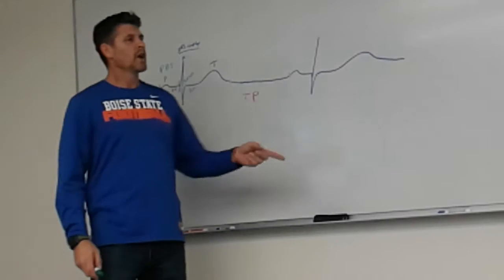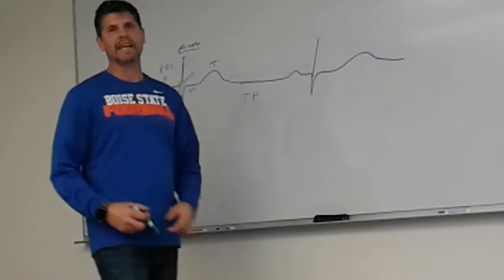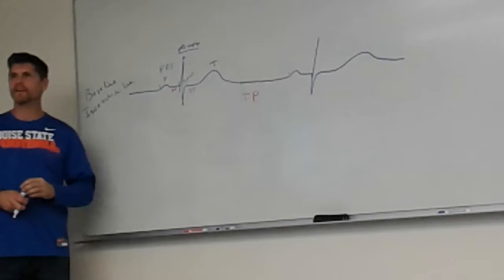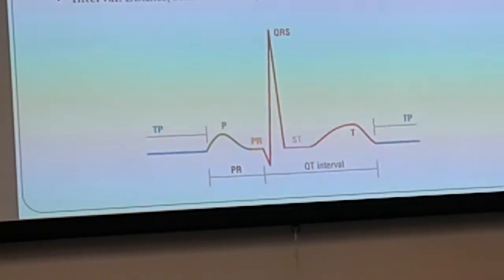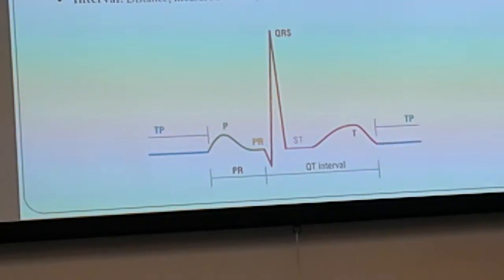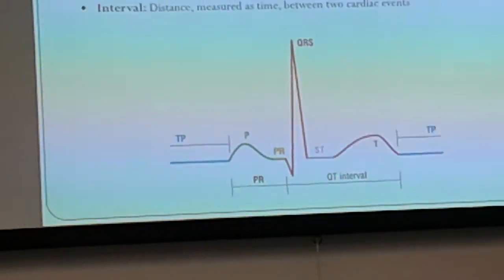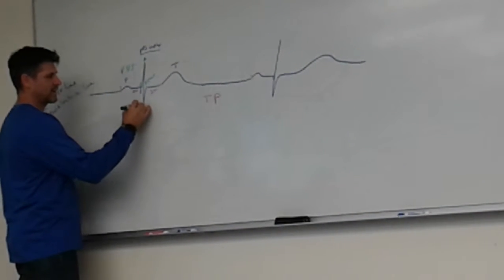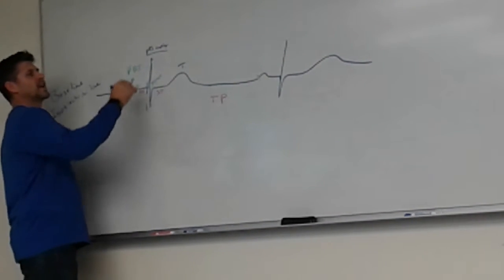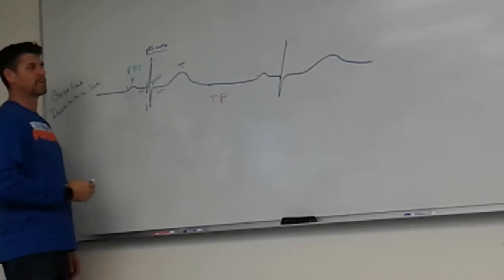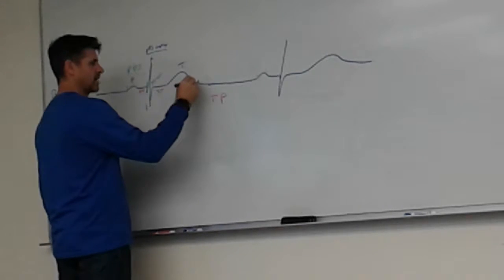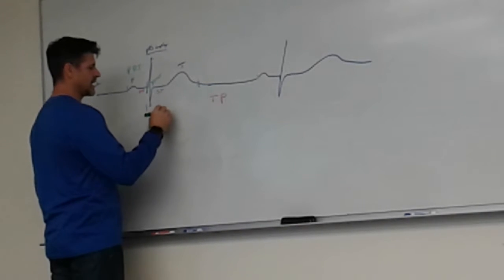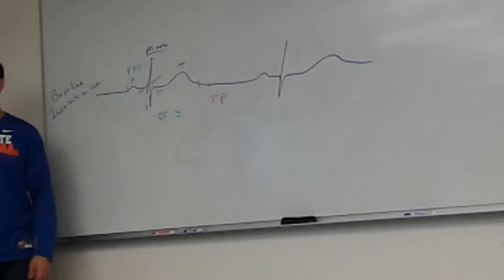So that's one interval. We also have what's called the QT interval, and I realize that in medicine sometimes there are some things that aren't uniform, because you could just as easily have called that the RT interval to match it with everything else, but it's not. So from the beginning of the QRS complex, including all waves within the QRS complex, including the ST segment and including the T wave, gives us the QT interval.